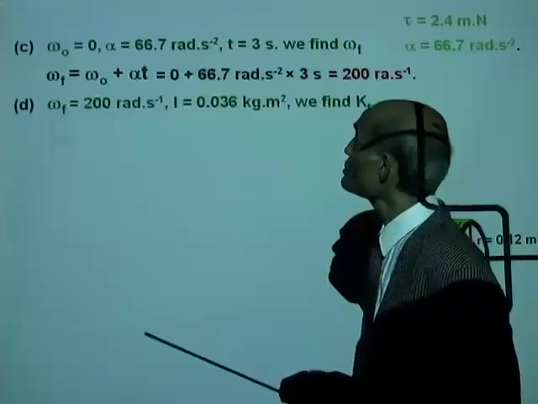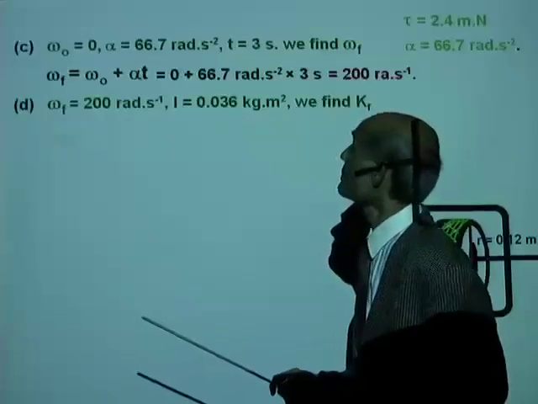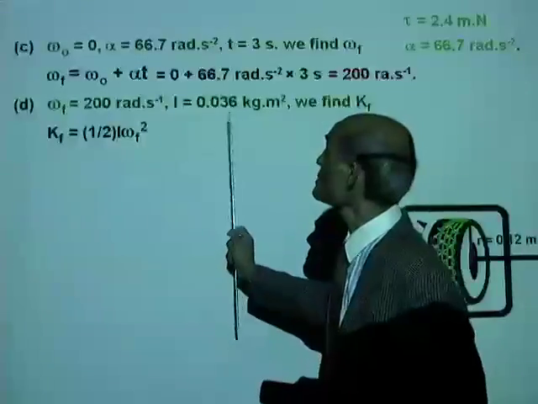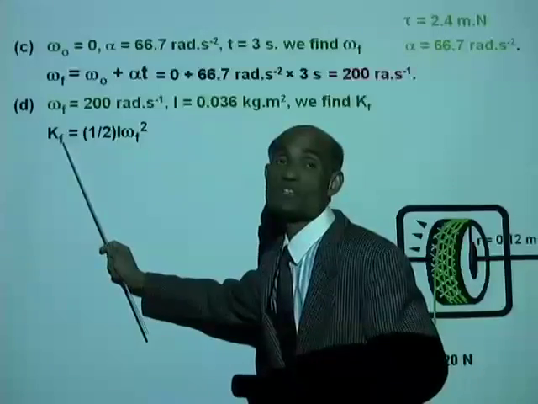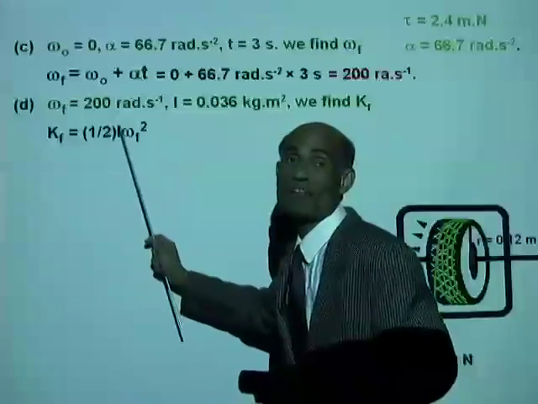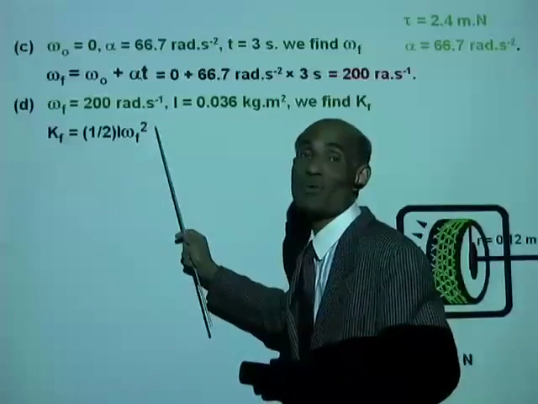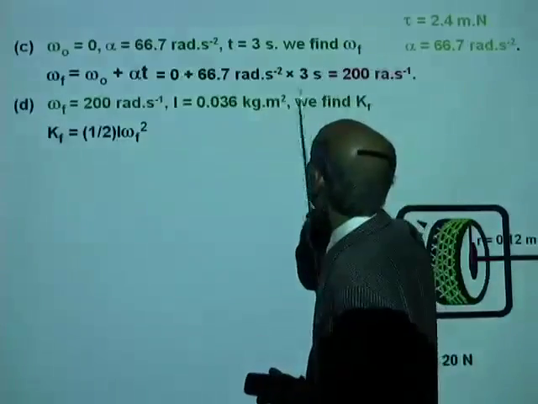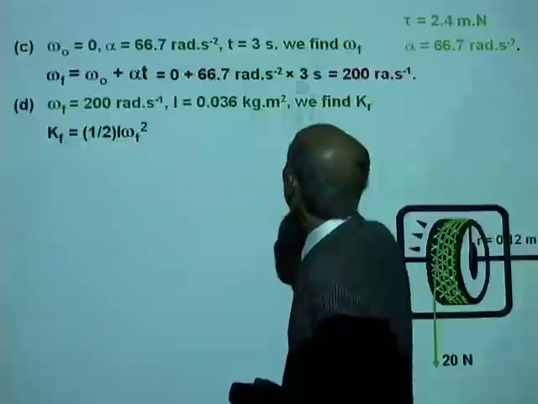Alright, now what is D? We need to find the kinetic energy. Kinetic energy of rotation is 1/2 I omega f squared. We know I, we calculated it earlier, and we know omega f.